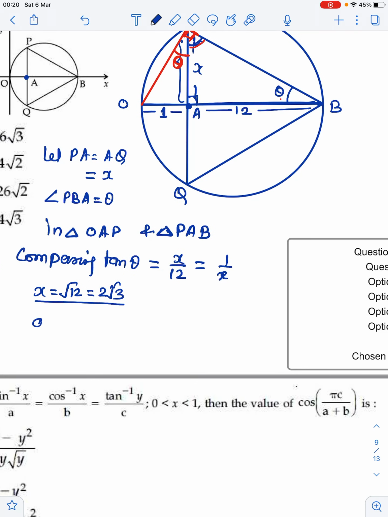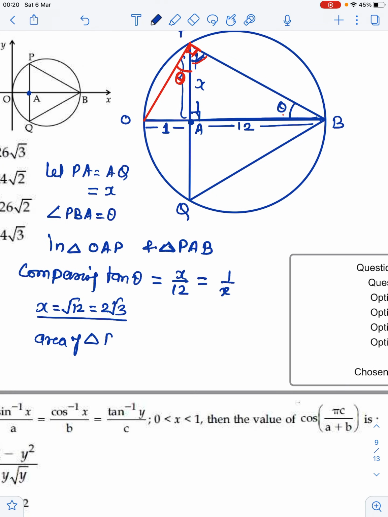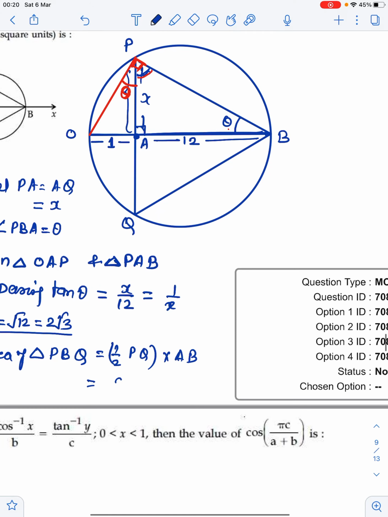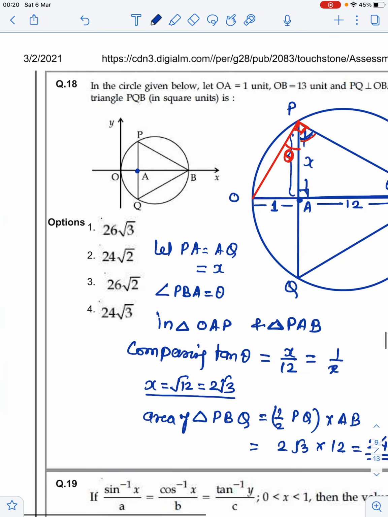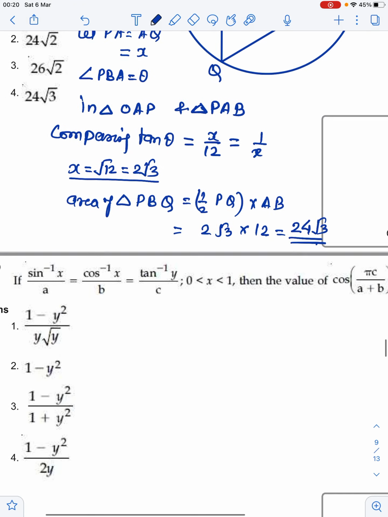The area of triangle PBQ is half of base, that is PQ, into height, that is AB. Half of PQ is nothing but x, so 2 root 3 into AB, which is 12. So this is 24 root 3. That is the last option.